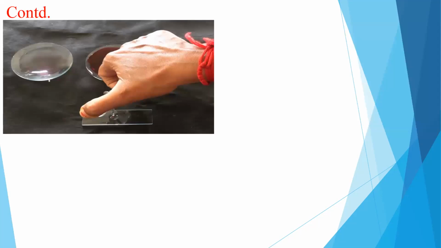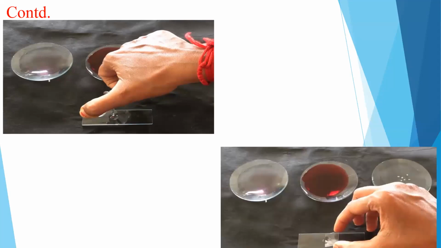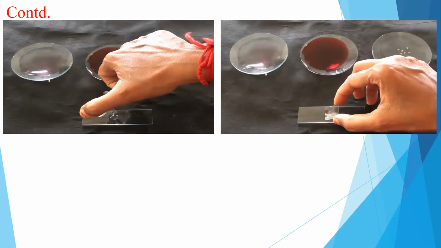Next, some drops of water are poured onto that microscopic slide which contains that thin portion of fennel fruit. Then put a cover slip onto that for the proper attachment.